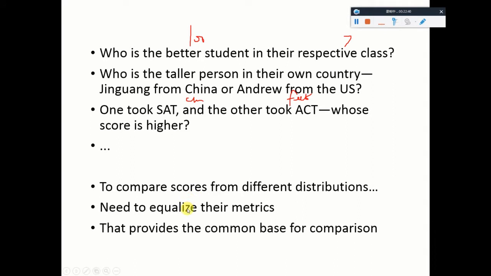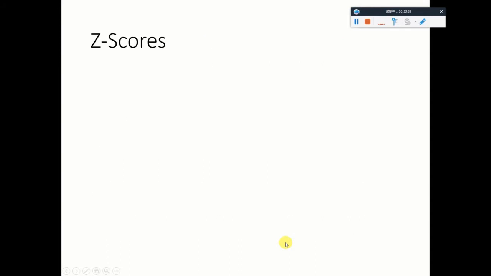And the equalized metrics, or common metric, will enable the comparison. But then of course the question is, how do we put all those different scores onto a common base? To do that, we need z-scores.